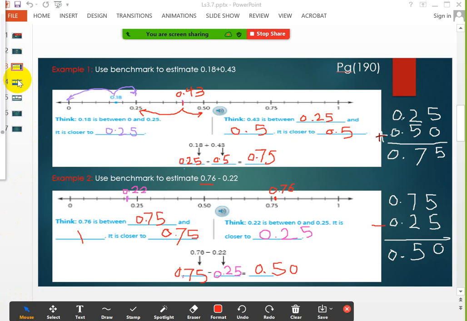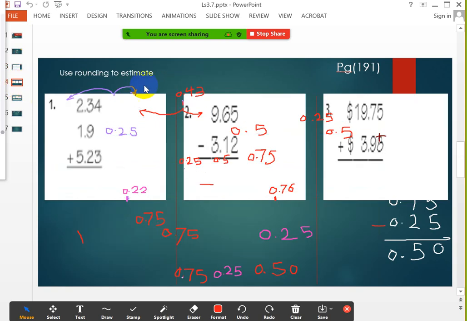Basma, I think you have a question. Now let's move to page 191 and solve the first exercise. I think we have 2 minutes, so let's solve exercise number 1.